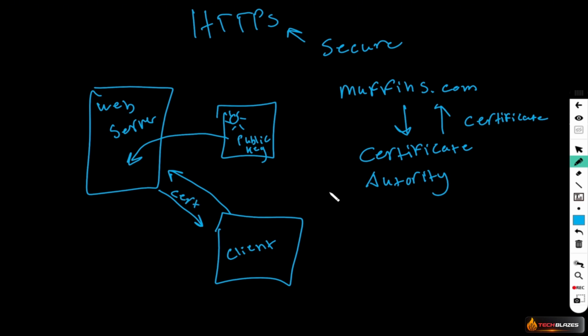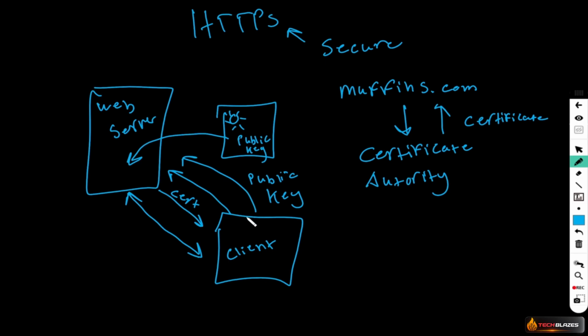Then your browser will create a public key for itself, the client public key, and it will give its public key back to the web server, and the web server and the client will then initiate something where they use each other's public keys to encrypt data that they send to each other.